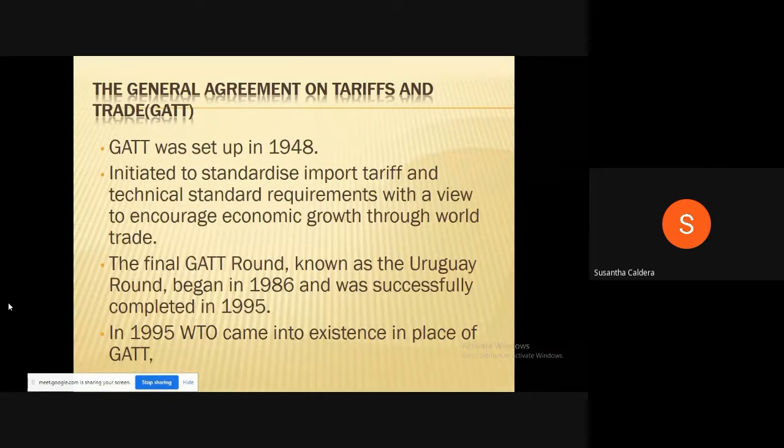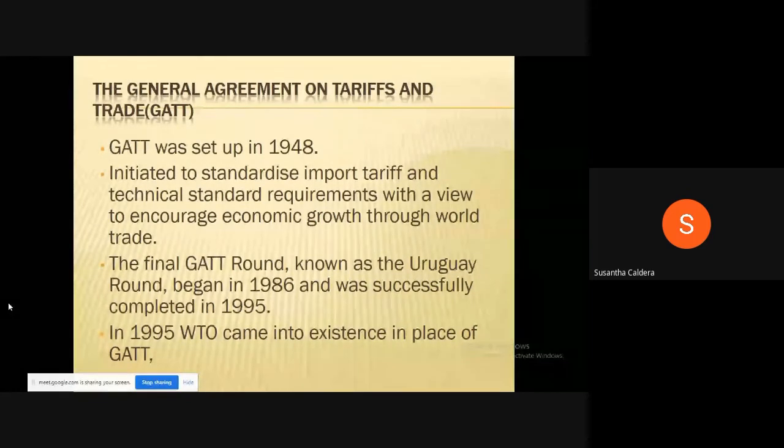But when they are importing goods from UK and France and other countries, they are increasing the taxes. Then other countries make goods, America will export goods, other countries will impose taxes. This was a huge battle, right?